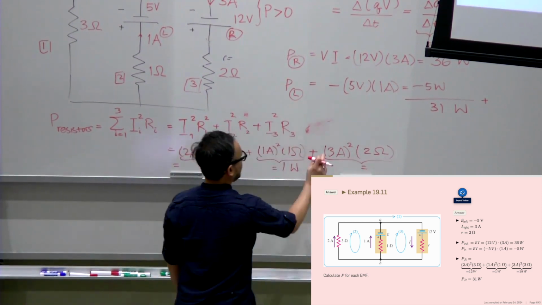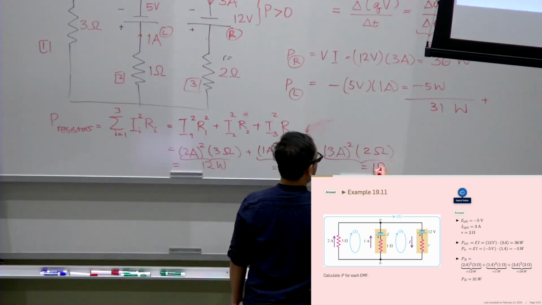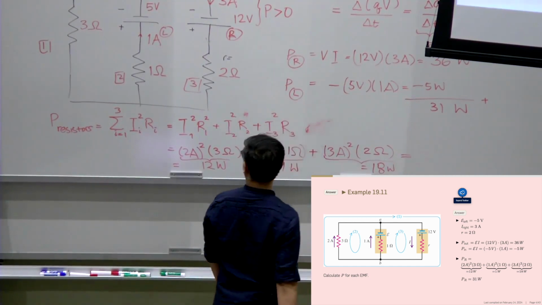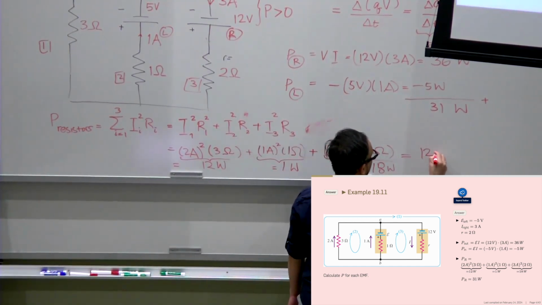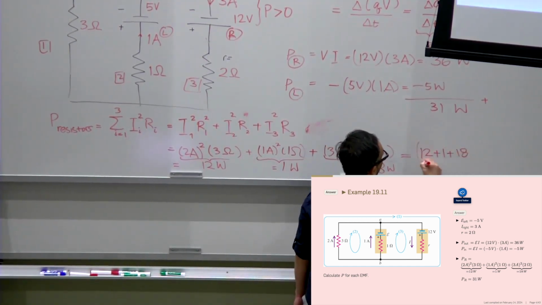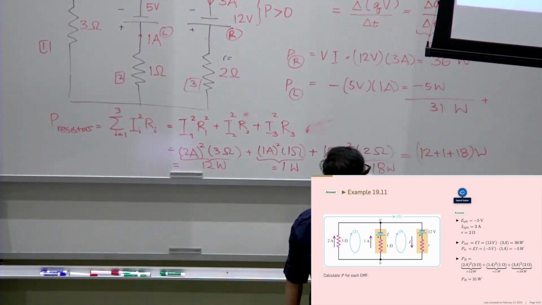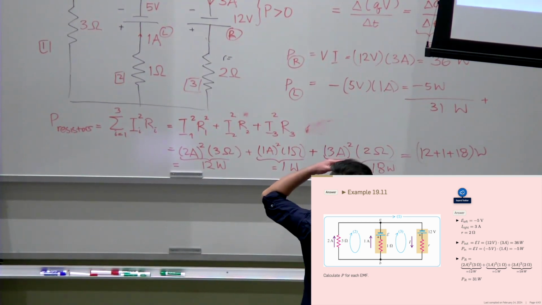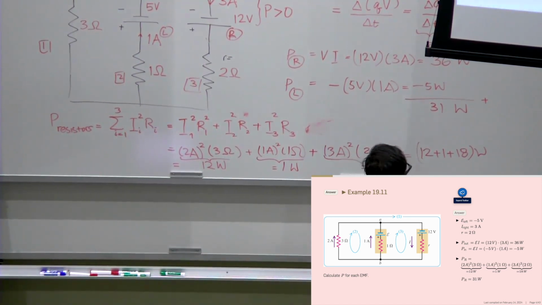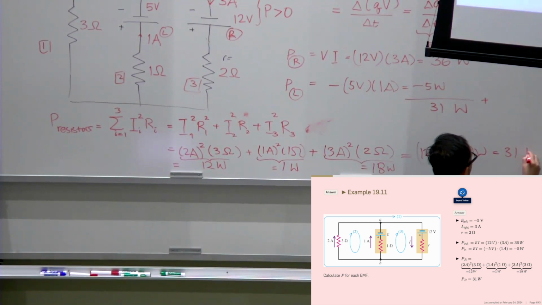This one is equal to 9 times 2, which is 18 watts. The sum is 12 plus 1 plus 18. I always forget the units. 31, sorry. So it's correct.